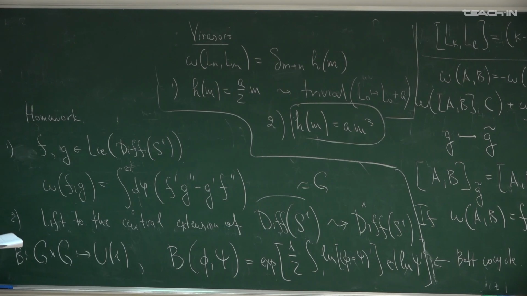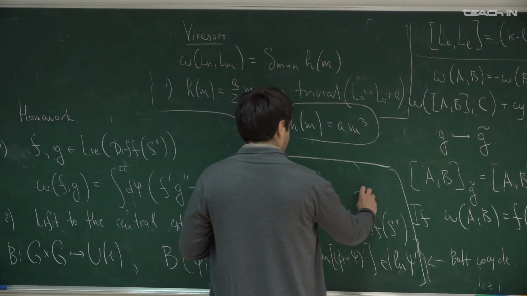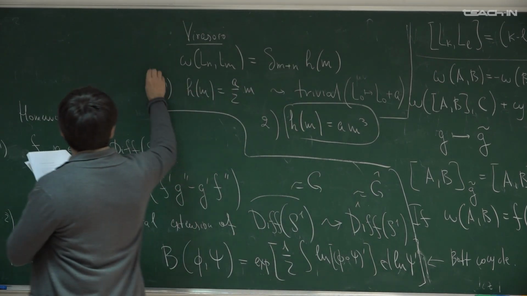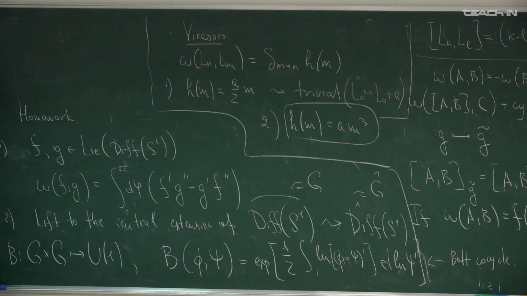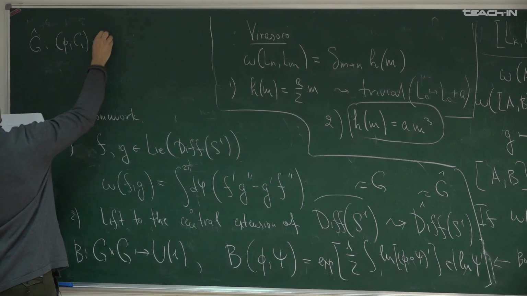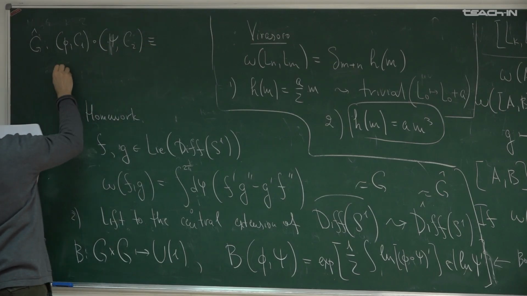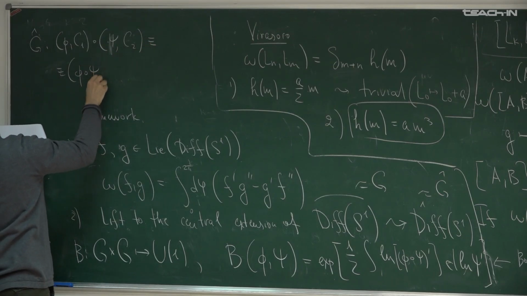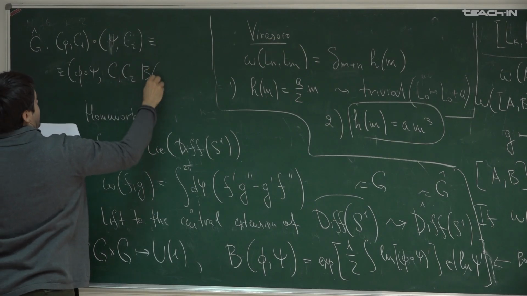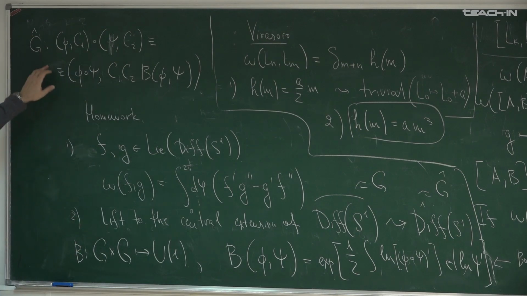This is the task. So in this extended group, G hat, composition is defined as, by definition, a composition of phi and psi. Given the group of diffeomorphisms, you can form another group which has a U1 factor.